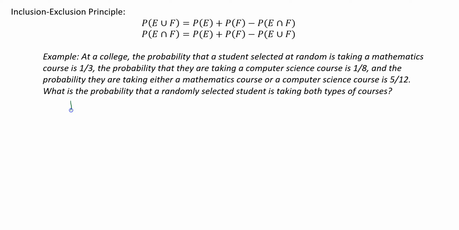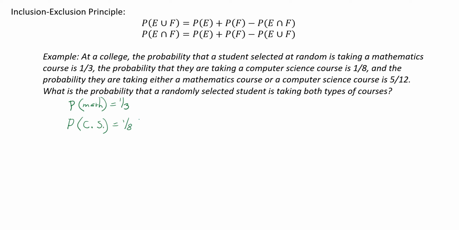Let's begin by identifying what we've been given. I know the probability of a student taking mathematics is 1/3. Now those students included in this 1/3 are students that are taking mathematics and any other courses. So this will also include the computer science students. The probability of taking a computer science course, which I'll abbreviate as CS, is 1/8.